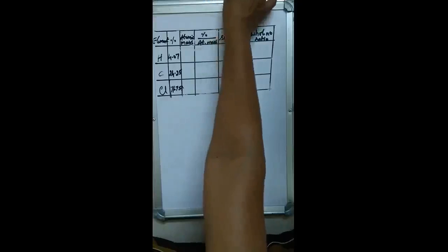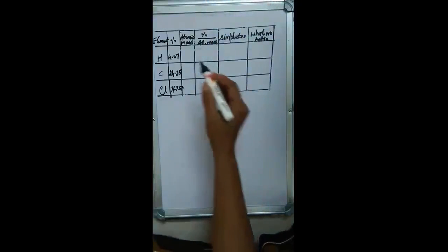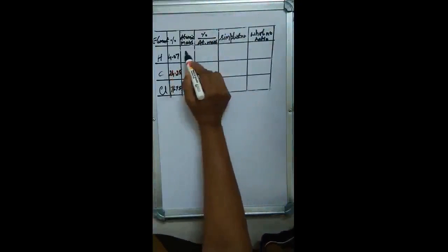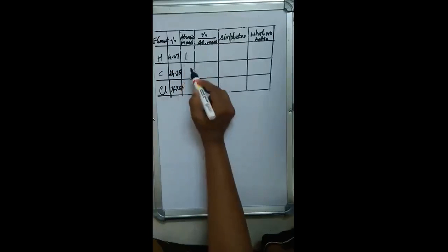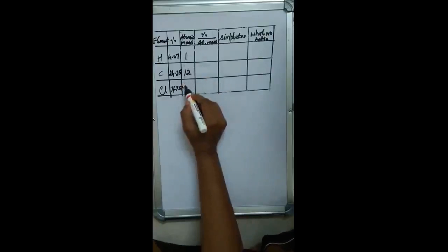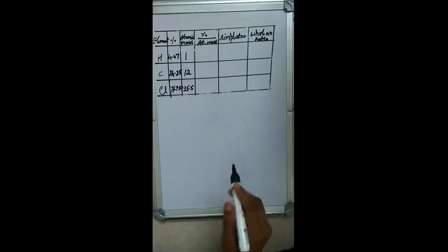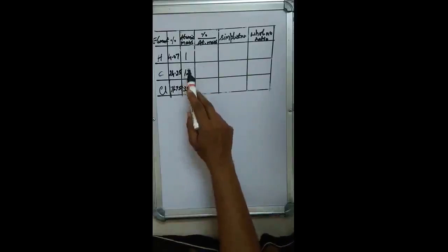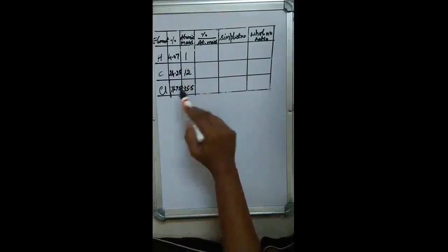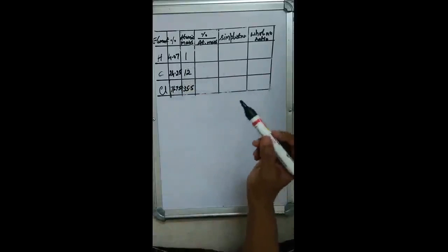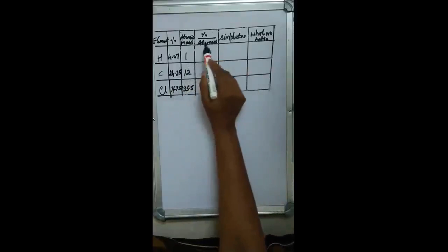Now we will work it out. The atomic mass of hydrogen, this you should know. Hydrogen atomic mass is 1, carbon atomic mass is 12, and chlorine atomic mass is 35.5. Now substitute. What is the formula I have written here?